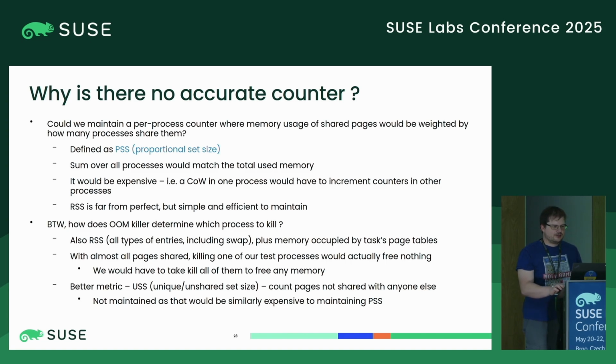So in this case, if we killed one of the 10 processes, we wouldn't even gain any memory, because the memory will still be shared by the 9 other processes.